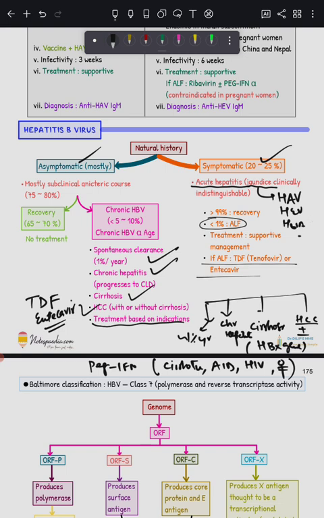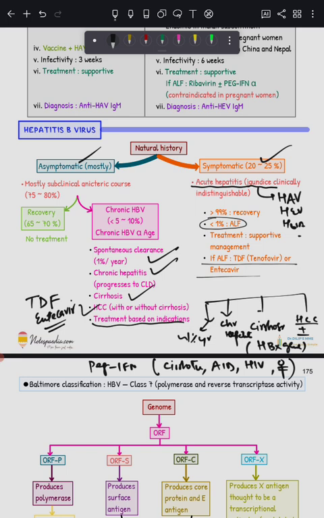So what is the outcome? Greater than 99% will recover, less than 1% will develop ALF. So treatment is supportive unless ALF, and if ALF, then start antivirals like tenofovir or entecavir. So in acute hepatitis B, no antivirals, but in ALF or immunosuppression give TDF or entecavir.